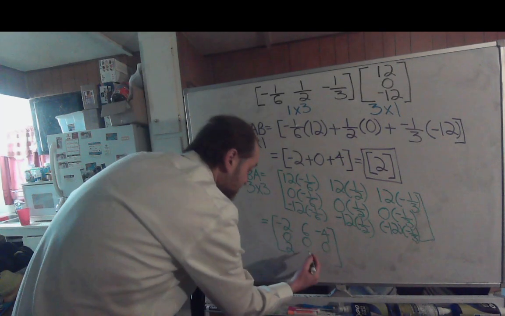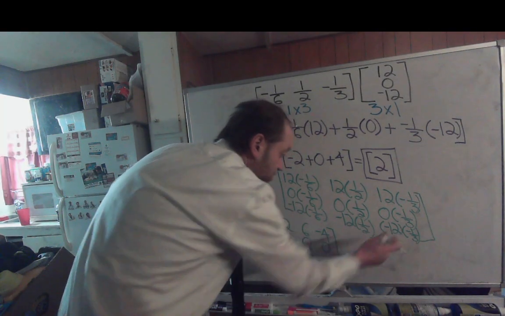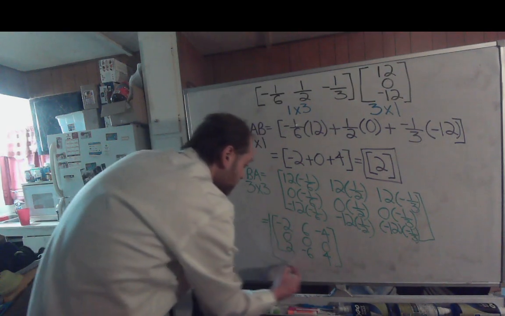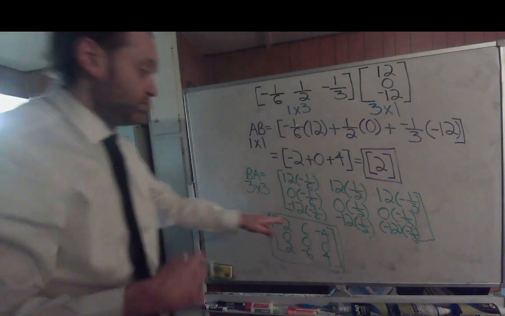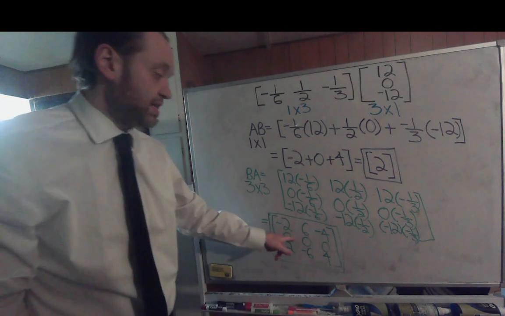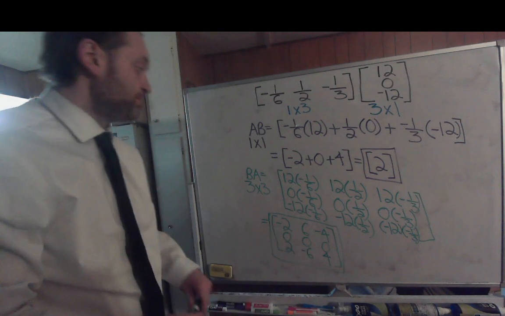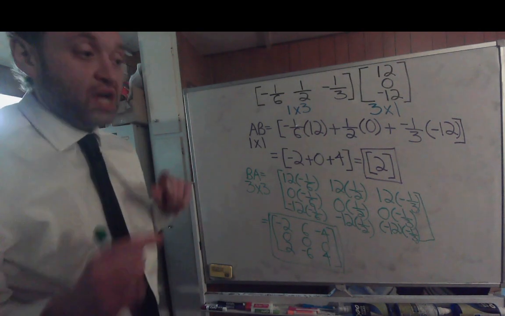Negative 12 times 1/2 is negative 6. And then negative 12 times negative 1/3 is positive 4. So you get a 3 by 3 matrix with entries negative 2, 6, negative 4, 0, 0, 0, 2, negative 6, and 4. So this is why matrix multiplication is not commutative.